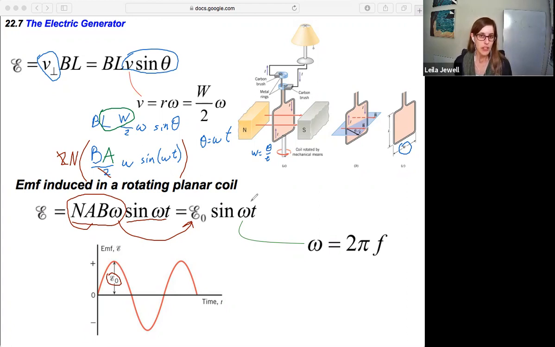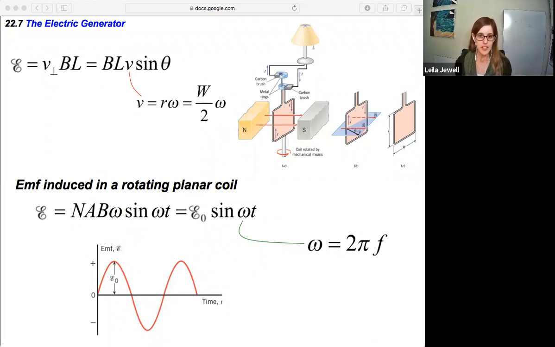Rather than working with angular speed or angular frequency, it's often easier to work in terms of the cyclic frequency, right? Which is turns per second or cycles per second. So we remember that omega is equal to 2 pi times our cyclic frequency f. And so this is the equation for how we can calculate the EMF that is induced in a rotating planar coil.